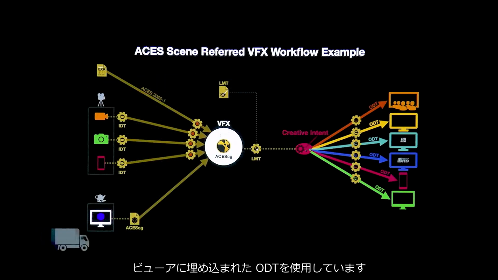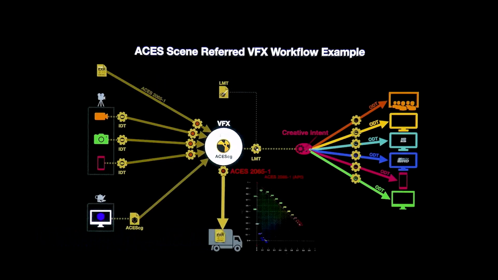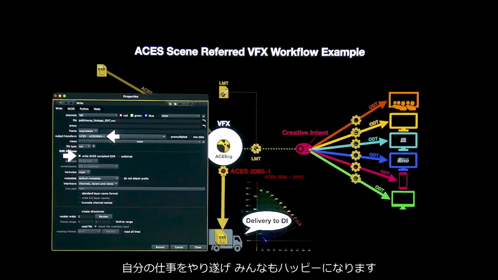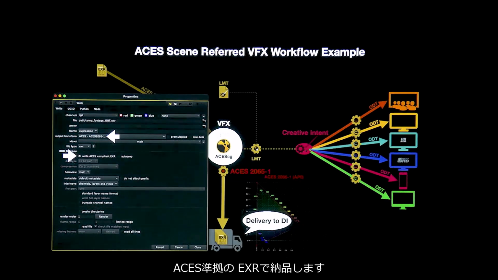So this is for visualization. You are going to use the ODTs that are embedded already in the viewer. Once everybody is happy and you have finished your work, someone has to deliver. Well, you deliver in ACES compliant EXRs. How do you make an ACES compliant EXR? It's seriously very easy.